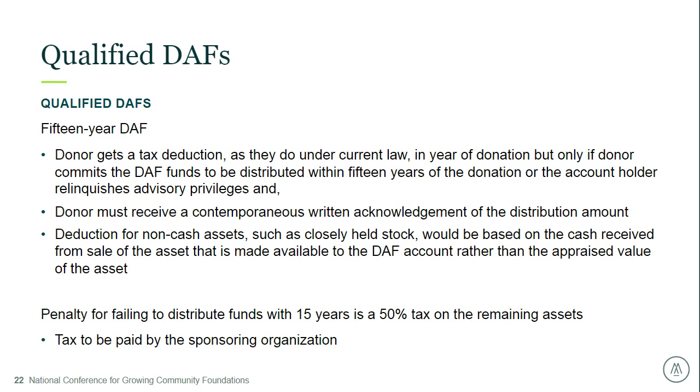And our understanding here, although it's not expressly written as a rule, is that likely the sponsoring organization will be responsible for that tax, not necessarily the donor. It isn't specific with respect to who pays it, but our general feeling in the industry is that it's probably going to be a tax paid by the sponsoring org.